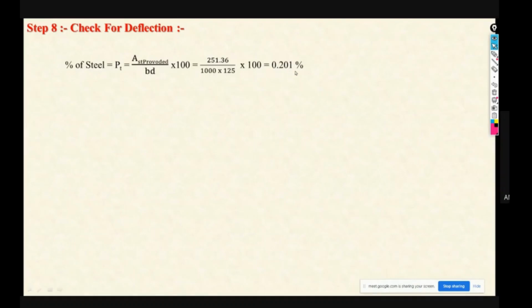So it's 0.210. Initially, if you remember, we had considered 0.25%, but actually now we have provided 0.2% of steel.